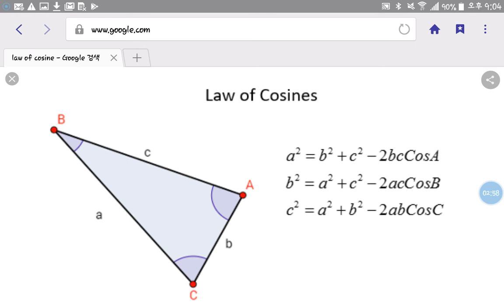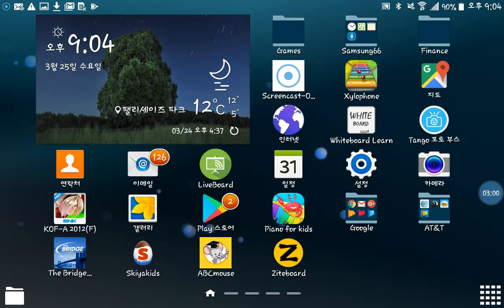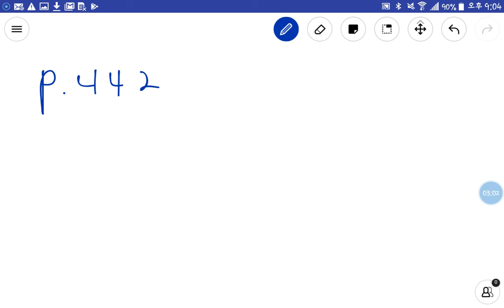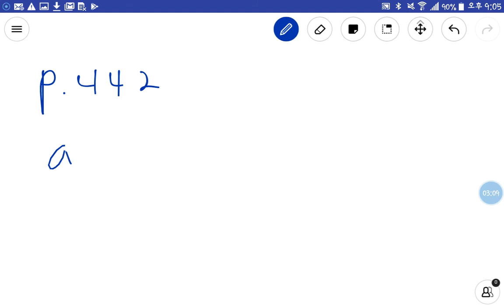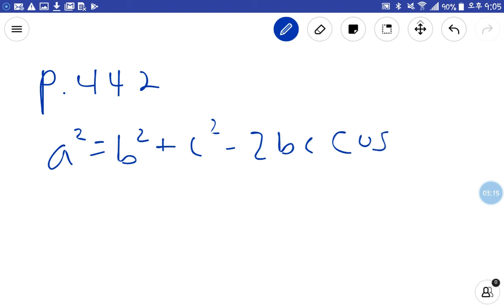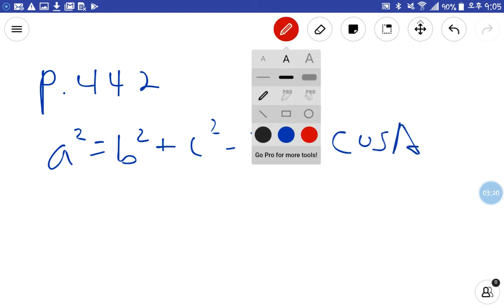Alright, I definitely need you guys to remember this law. Let me go back to our chart, and I'll just rewrite it for you. A squared equals b squared plus c squared minus 2bc cosine A. Remember, those numbers are multiplied.